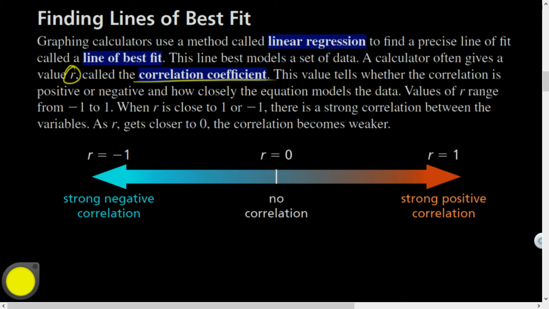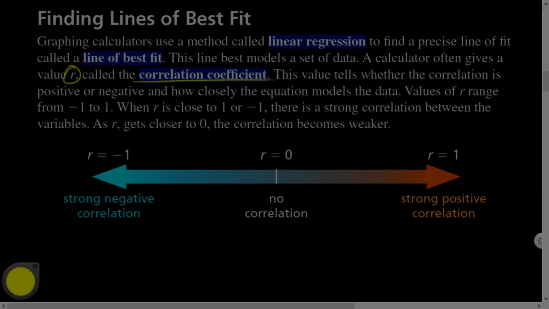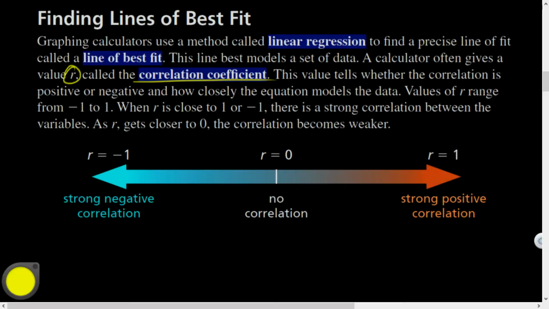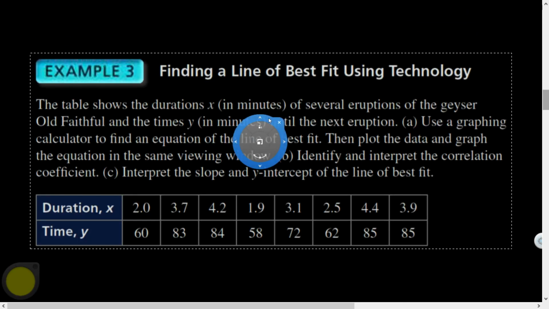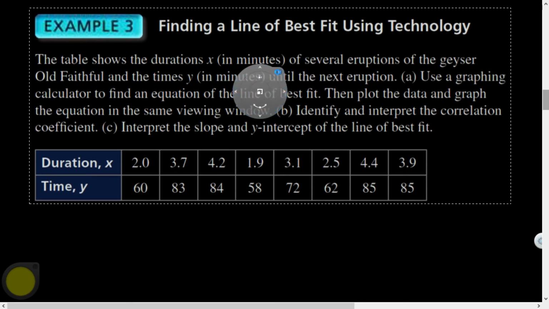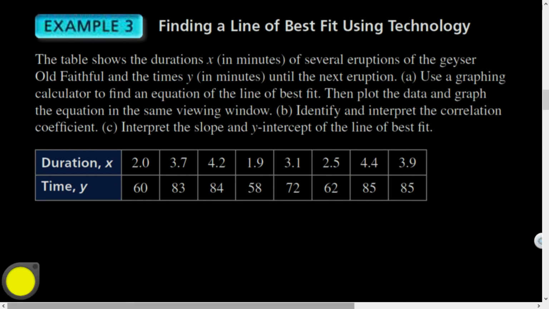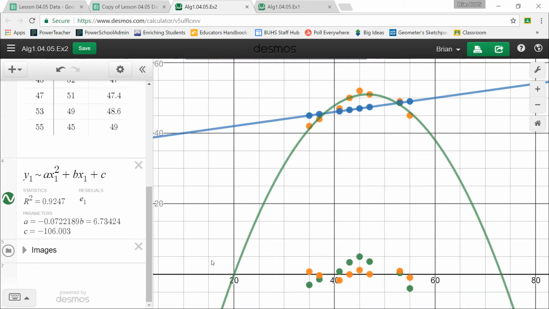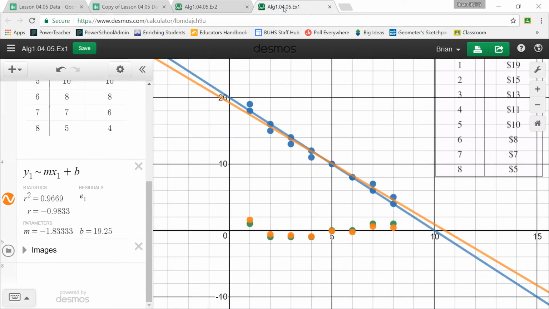We might even be able to revisit some of our other graphs as we do example 3, finding a best fit line using technology, about Old Faithful, the geyser. Actually, we can look at example 1.